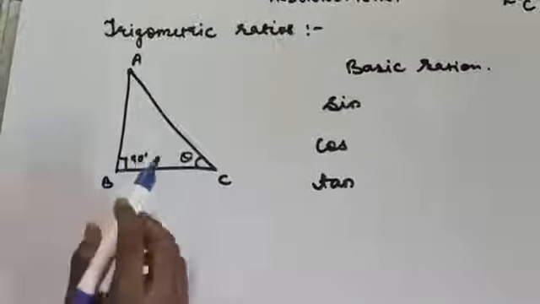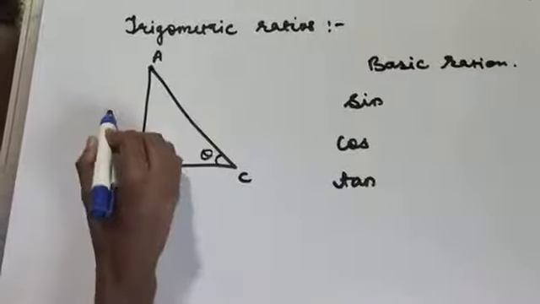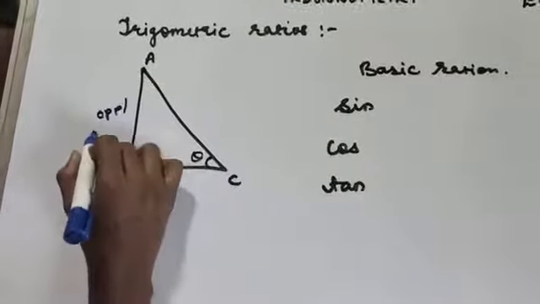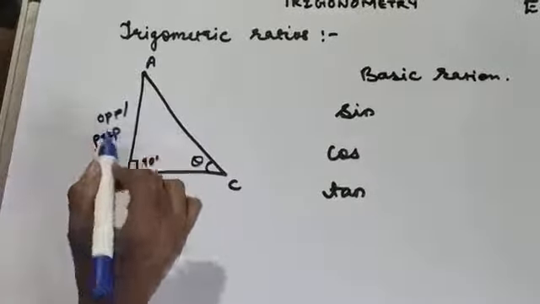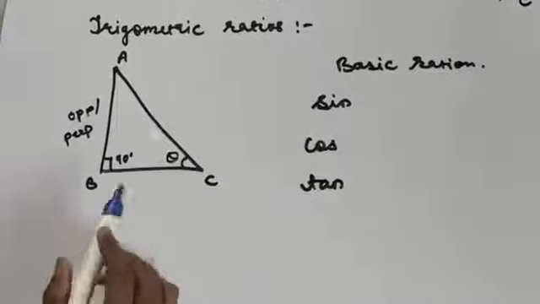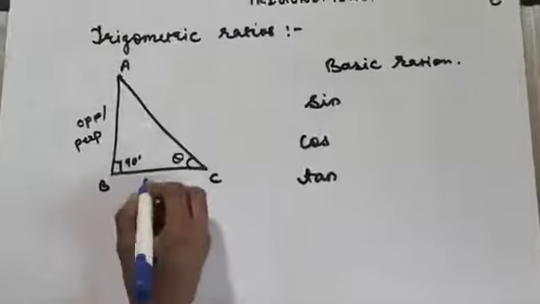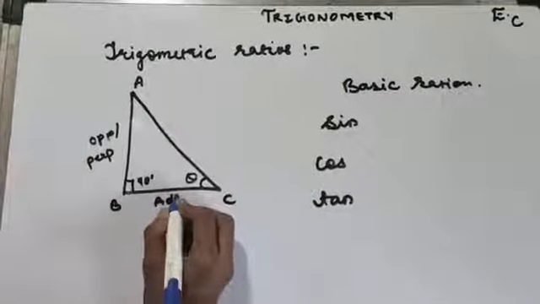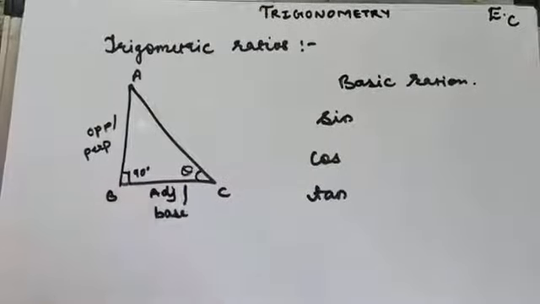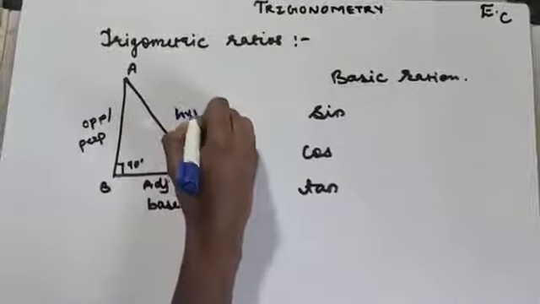So with respect to theta, side AB will be the opposite side, or we also call it the perpendicular side. Okay. Similarly, with respect to theta, side BC will be the adjacent side, or we also call it the base side. Okay, and side AC will be hypotenuse.